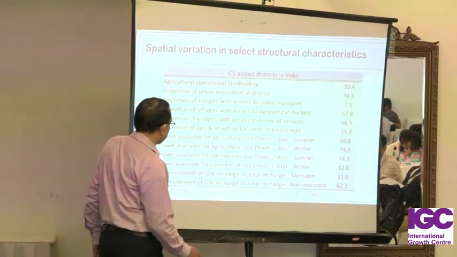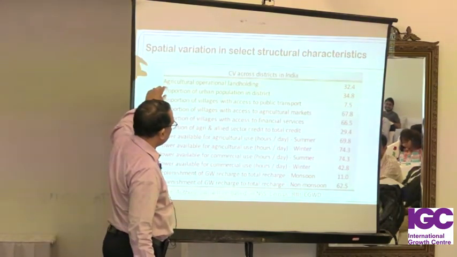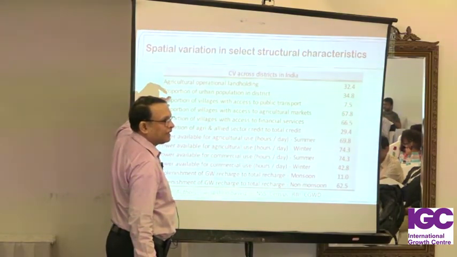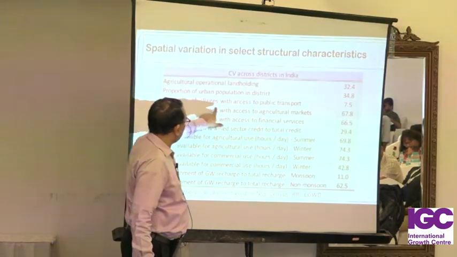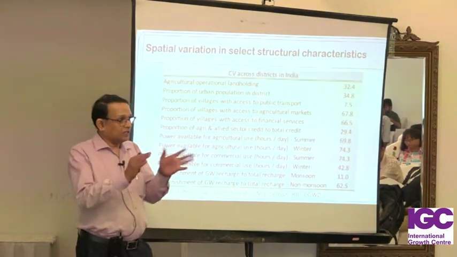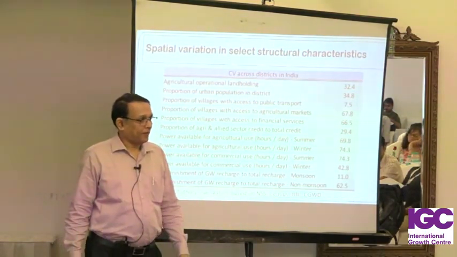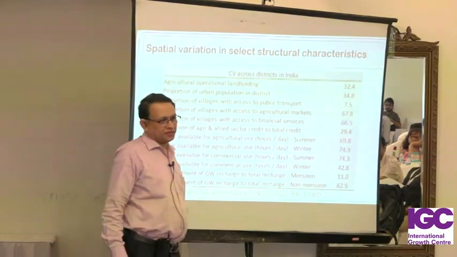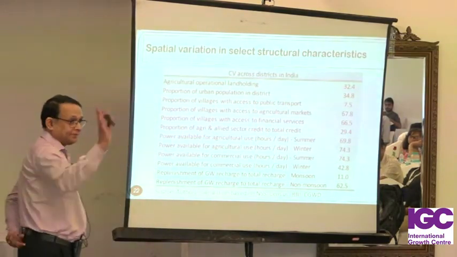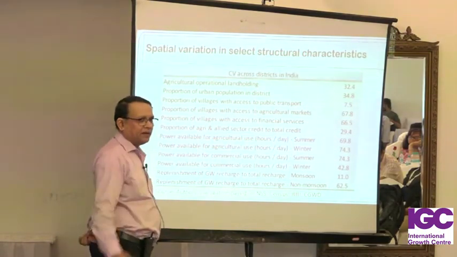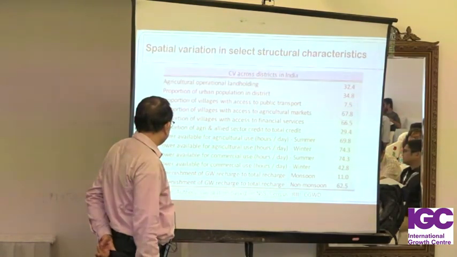But in all this, there are only two things which are not having that great spatial variation. One is proportion of villages within the district with access to public transport. That's only 7.5%, the coefficient of variation, all India. The public transport seems to have penetrated all over.